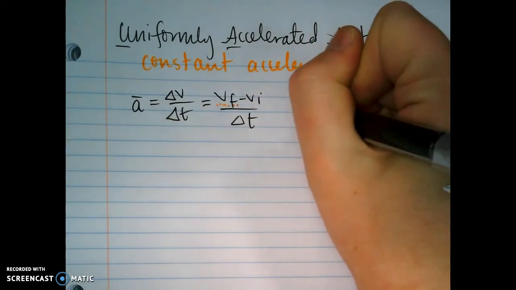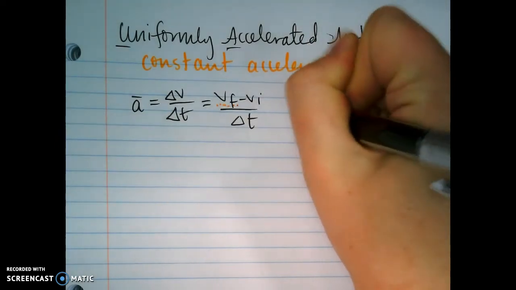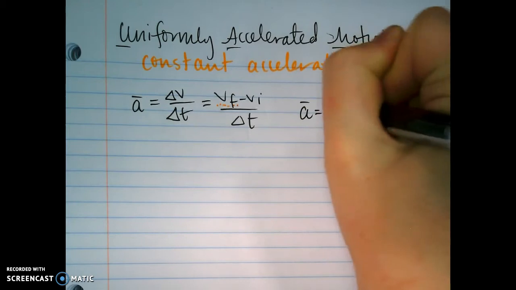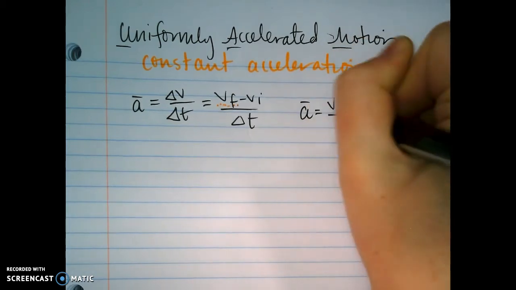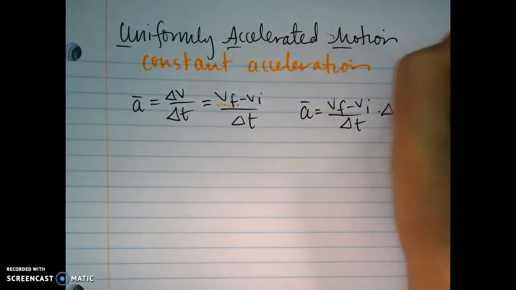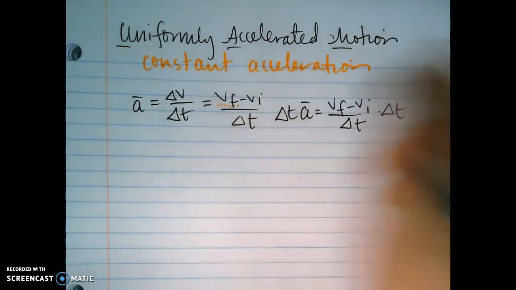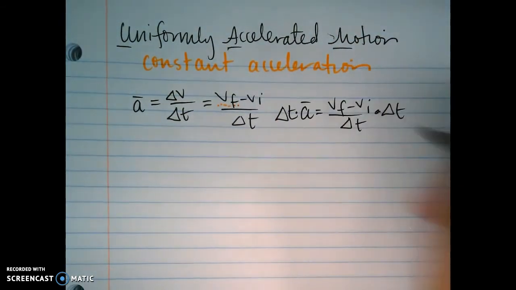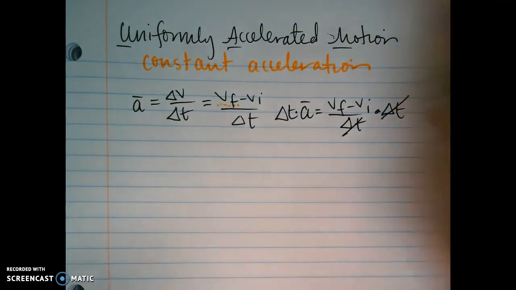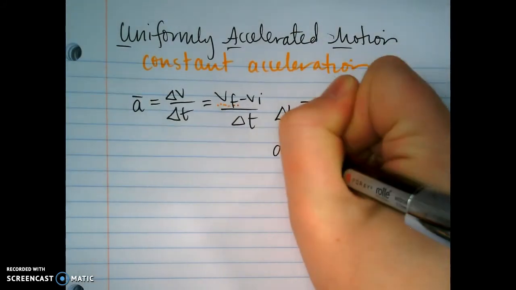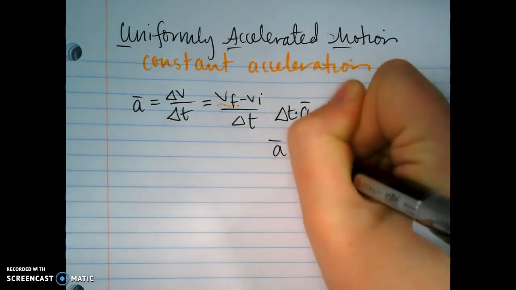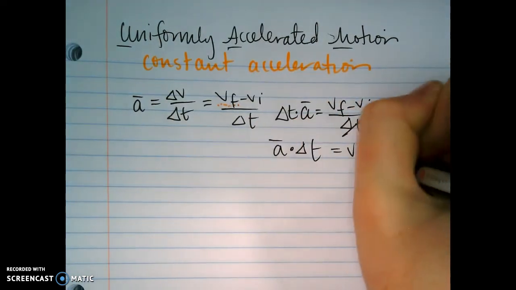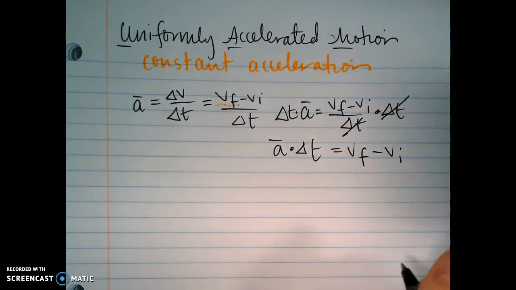So if I take my algebraic expression here, I'm just going to rewrite it. First thing I want to do is get rid of that delta t on the bottom, so I'm going to multiply both sides by change in time. Now I have that my acceleration times my change in time is equal to my final velocity minus my initial velocity.